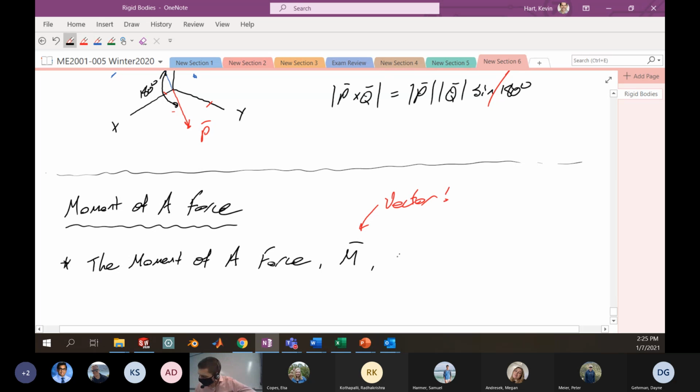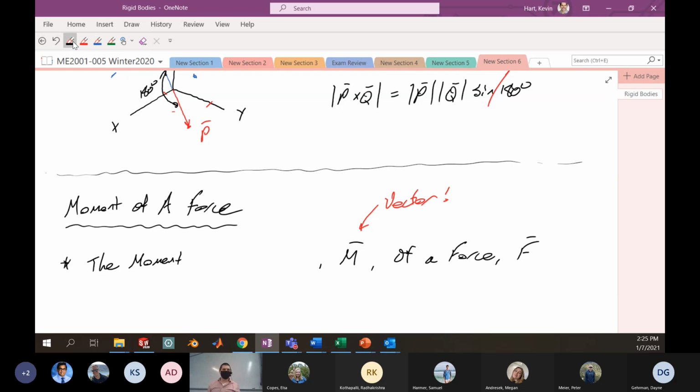Of a force, here I'll label it as a force vector. Seems a little redundant. The moment of a force M of a force F. Maybe we should do the moment M of a force F. That's a little bit better, probably. It's the Department of Redundancy Department. Okay.